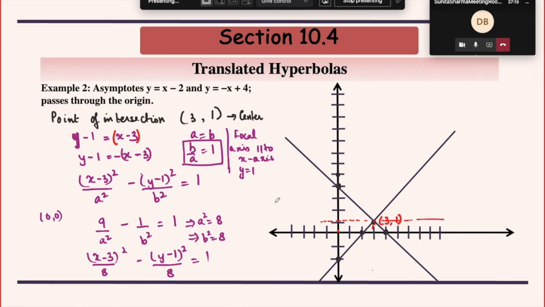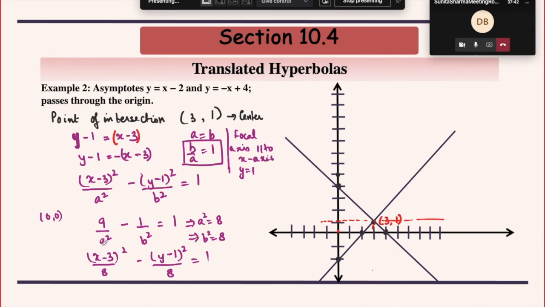Okay, then from the fact that it passes through origin, so this is our form, and you can replace b by a or a by b, whatever you want to do, and then you can substitute 0, 0. So it passes through origin, which means when you put x equals to 0, y equals to 0, your equation should be satisfied.